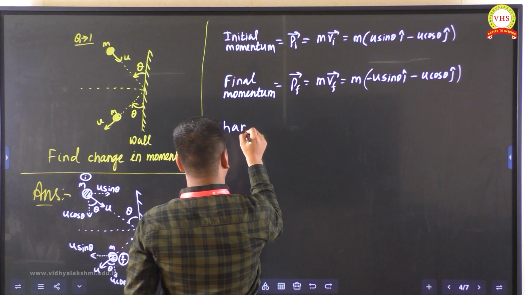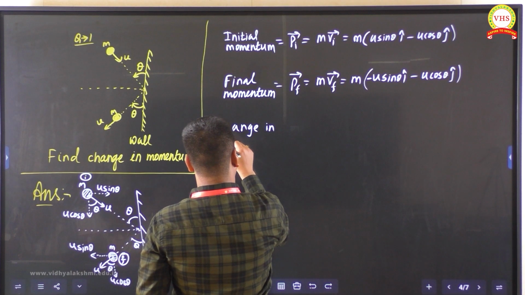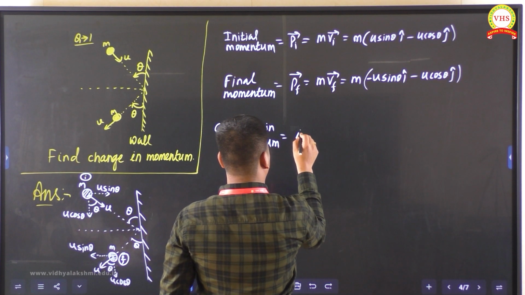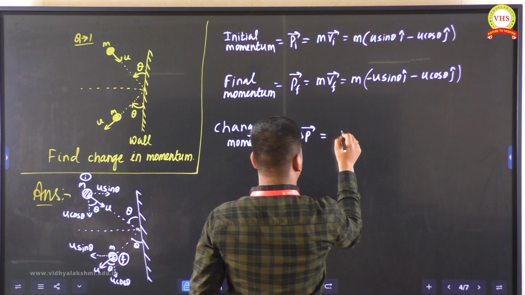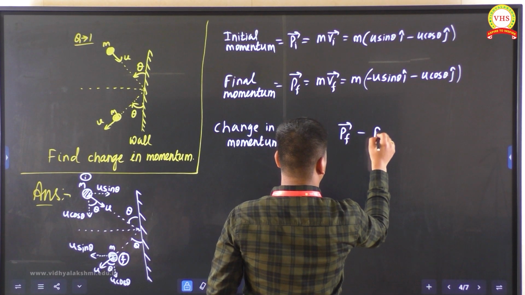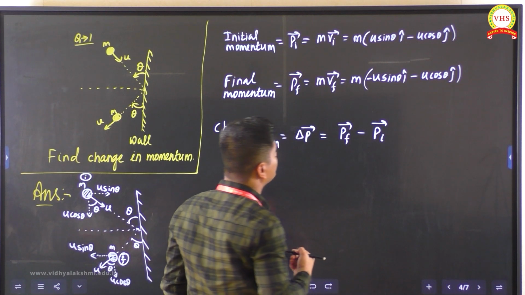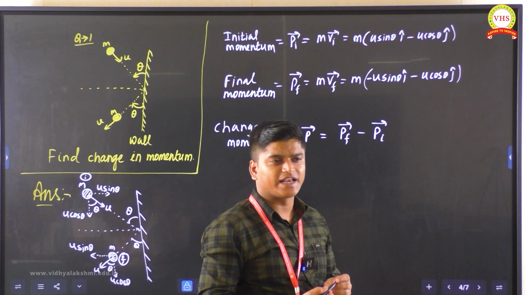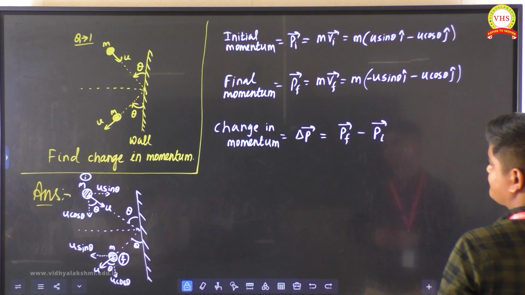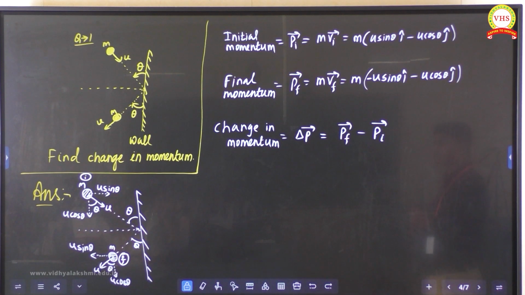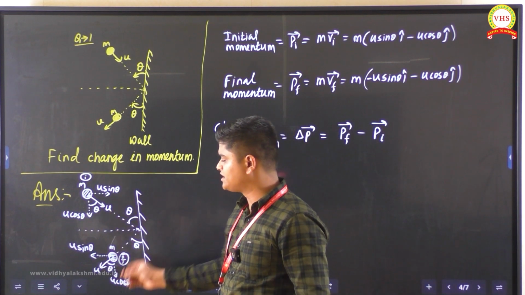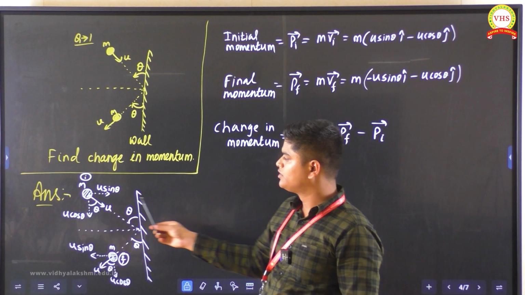Now if I want to find change in momentum, so let me write change in momentum. What is change in momentum now? Delta p vector, which is final momentum minus initial momentum. Are you getting or not? Check everyone clearly. If you understood the initial and final case, then finding change in momentum is not a difficult job.